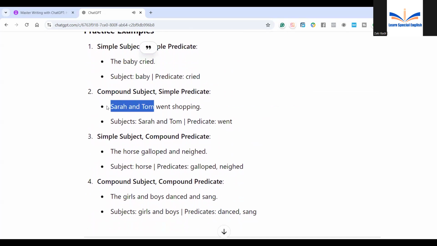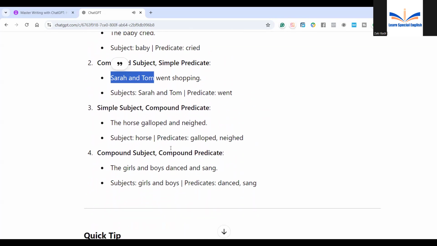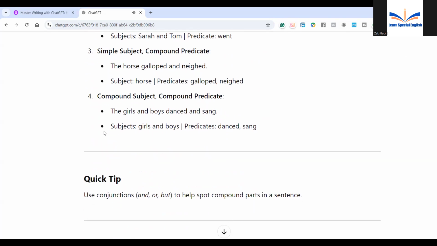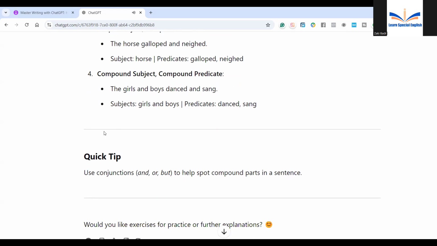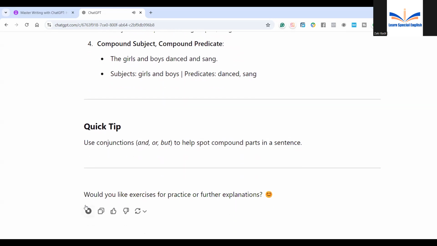Subject, Sarah and Tom. 3. Simple subject, compound predicate. The horse galloped and neighed. Subject, horse, predicates, galloped, neighed. 4. Compound subject, compoundicate. The girls and boys danced and sang. Subjects, girls and boys, danced, sang. Quick tip. Use conjunctions, and or but, to help spot compound parts in a sentence.